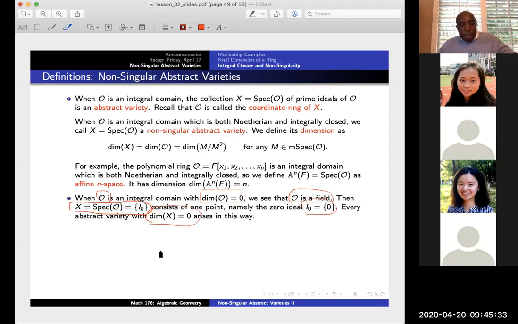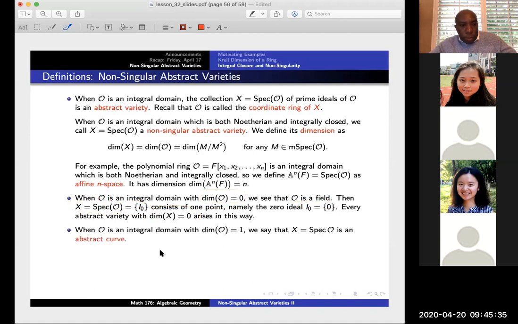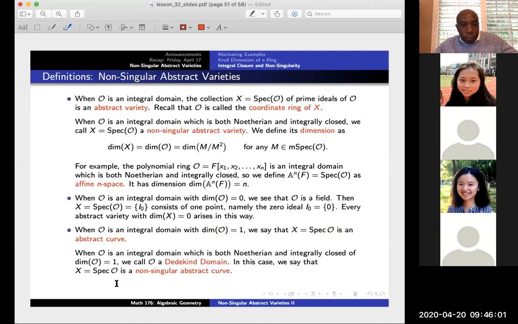Okay, all right. What about dimension 1? Let O be an integral domain with dimension 1. Then in this case, we will call spec of O a curve. Dimension 0 we can kind of ignore because that was the field. So now let's look at dimension 1. This is what we're defining as a curve, or if you will, an abstract curve.